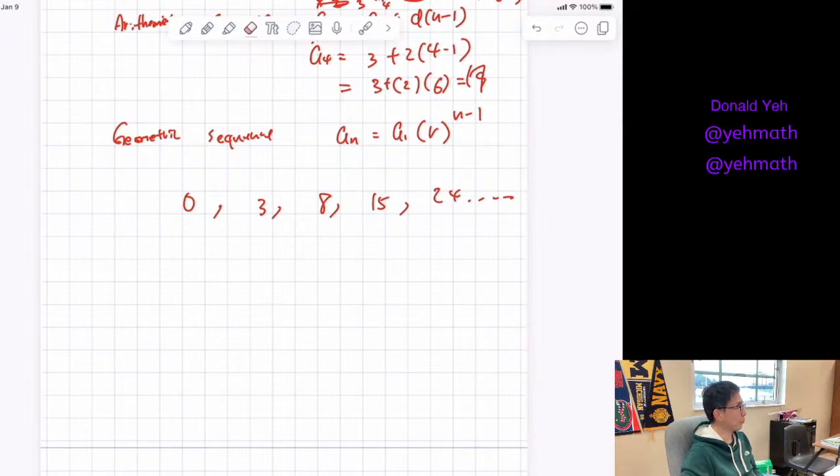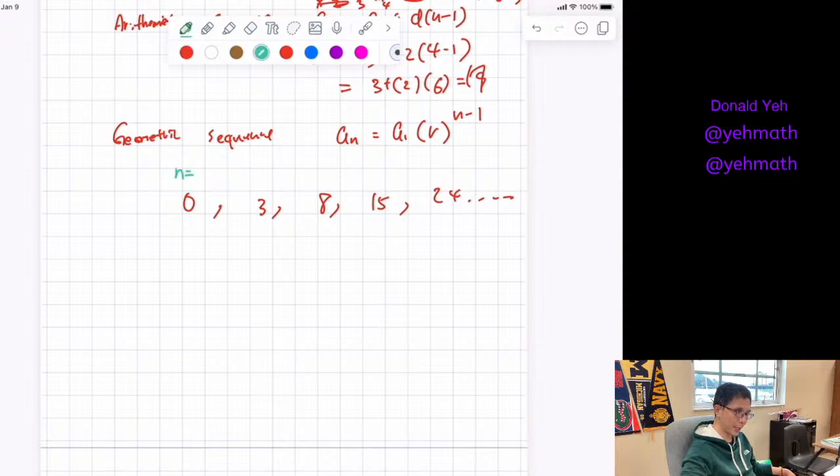Can you come up with a formula to represent this sequence? Maybe a general one. Is it possible to come up with a formula that represents this? I'm going to give you a hint.